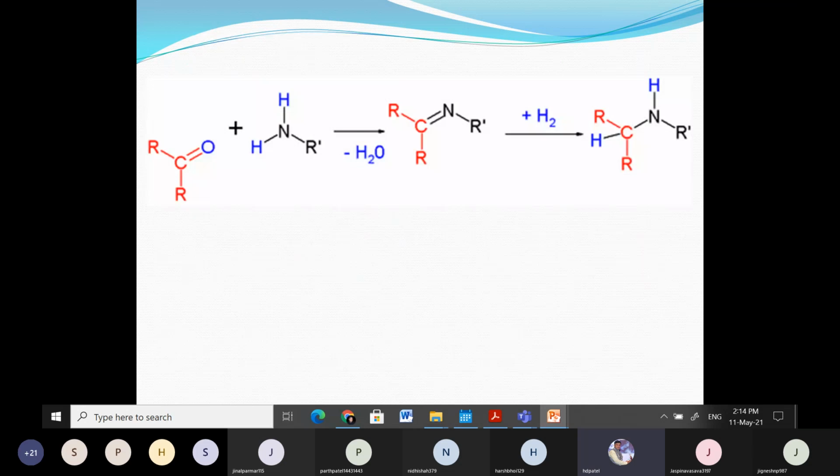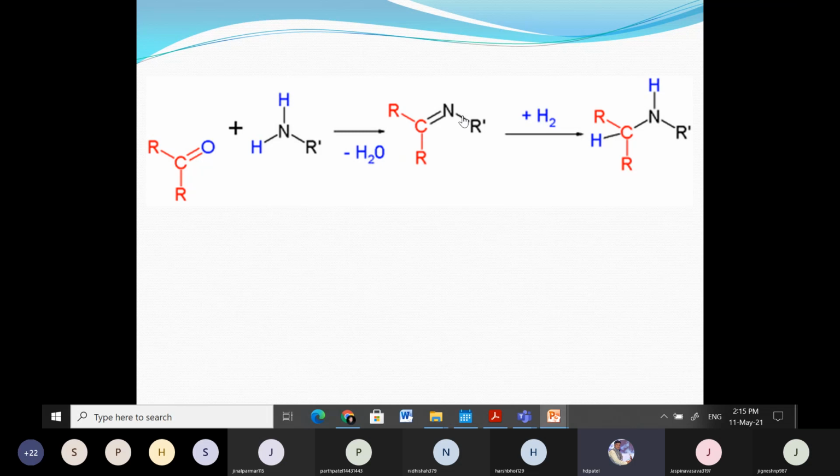Now the question is how the reduction takes place by NaBH3CN. As per the mechanism, first of all, as we know the characteristic of carbon and nitrogen, nitrogen will pull electrons. When nitrogen pulls electrons, nitrogen will gain a negative charge and this carbon will gain a positive charge.